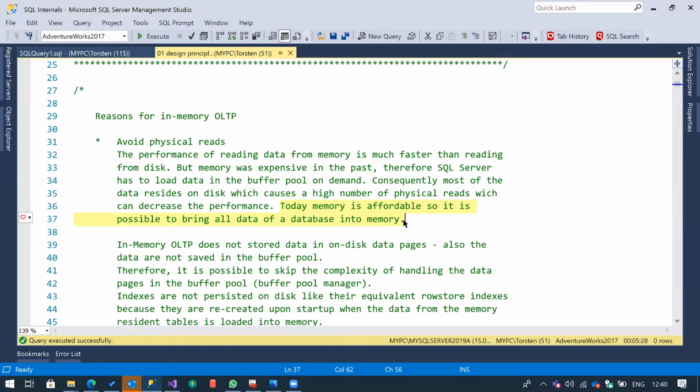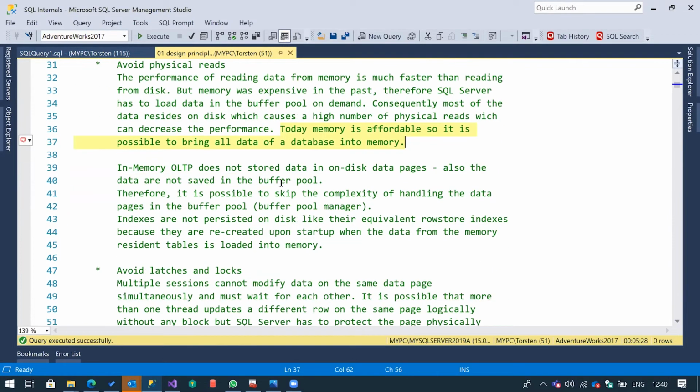You can put more and more memory into your machine without spending, I don't know, $100,000. And therefore Microsoft was thinking, okay, when memory becomes much cheaper, how can we use memory more efficiently? So you can see that this was the traditional engine, and these are the reasons why in-memory OLTP evolved over time.